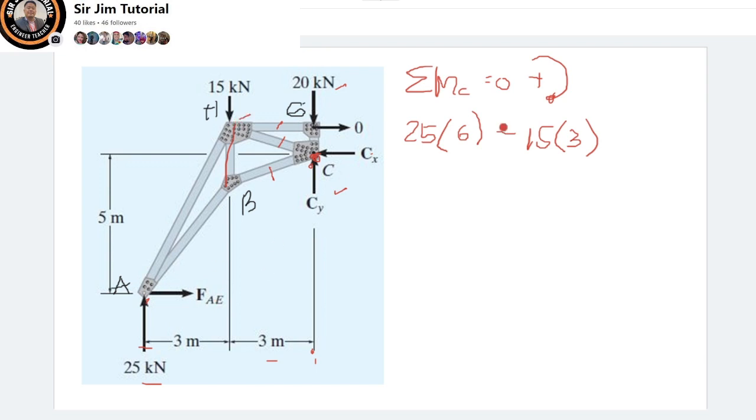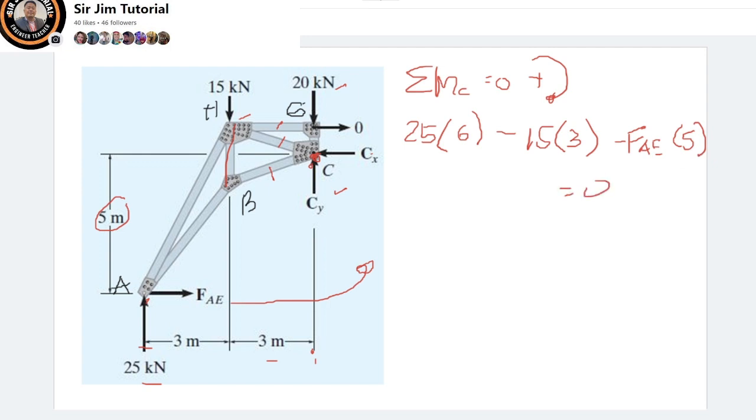And then FAE, which is also in this direction, which is negative, minus FAE times the height, 5, equals 0.